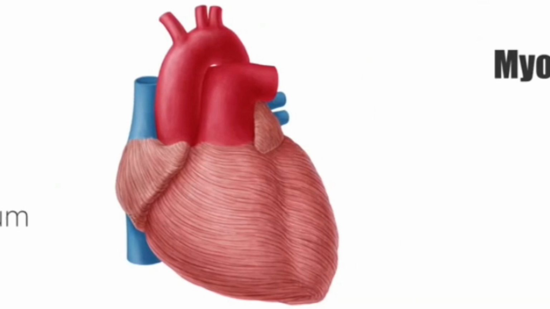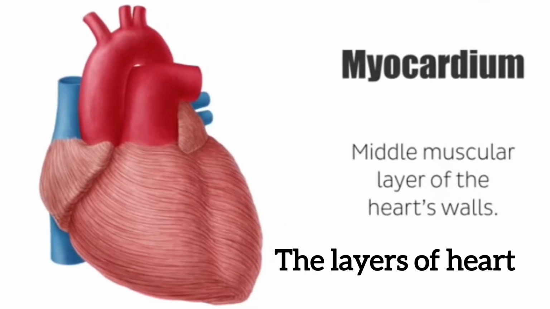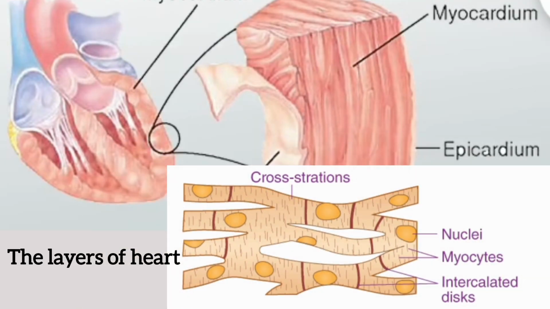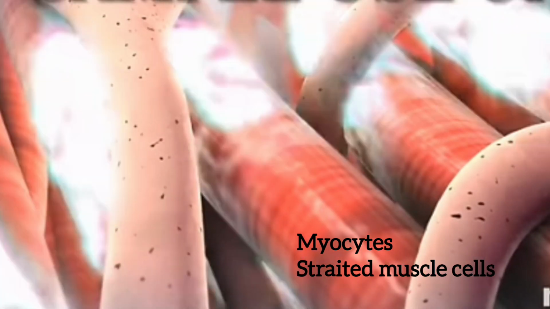Beneath the epicardium, there is the myocardium that makes up the thick middle layer of the heart wall. It is responsible for the pumping of the heart. The myocardium is made up of cells called cardiomyocytes. These cells are striated muscle cells.